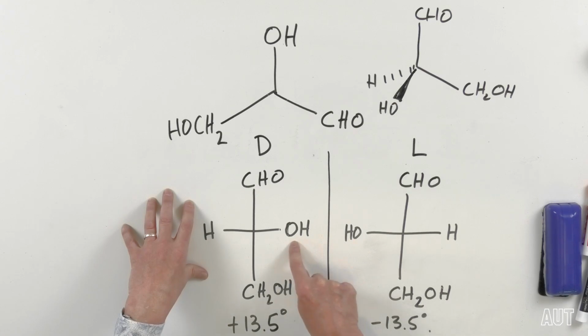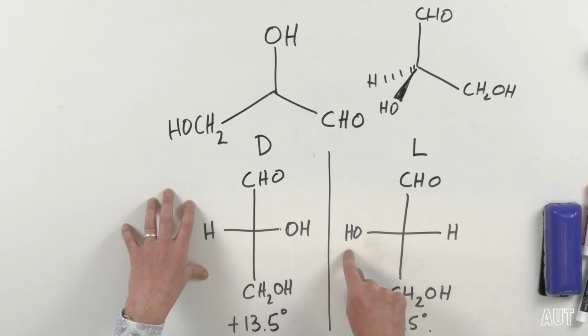And as I said, that's what Fischer did. So basically, that's why this is a really, really important molecule, okay? D-glyceraldehyde because of the positioning of that particular OH on the right.